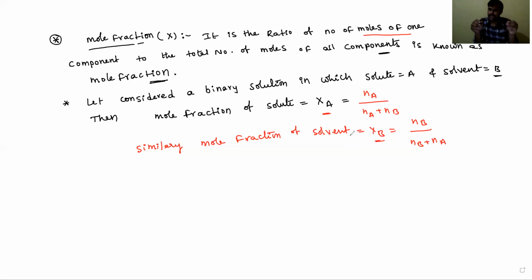The mole fraction of a solution is the ratio of the number of moles of one component to the total number of moles of all components. It is represented by X.